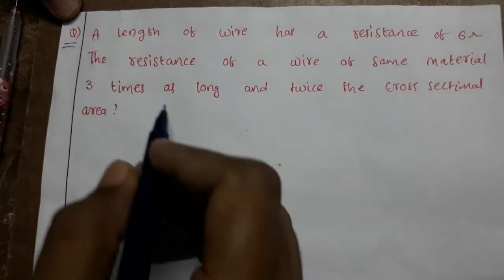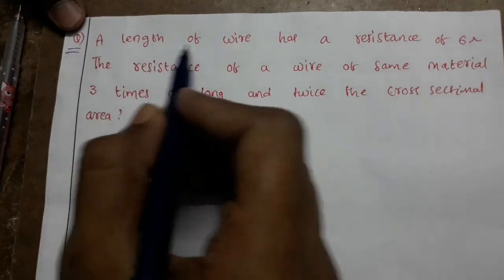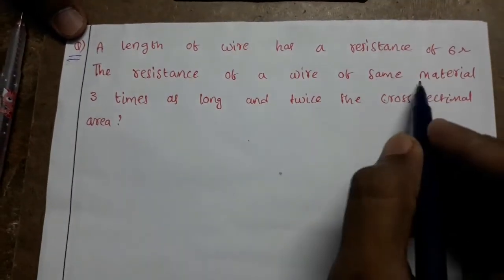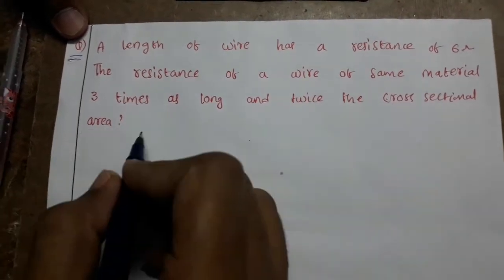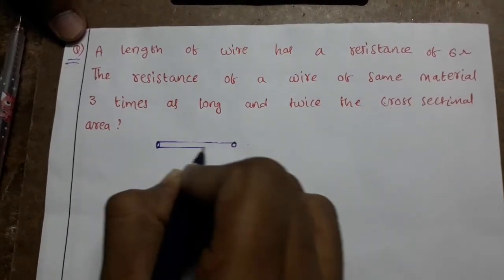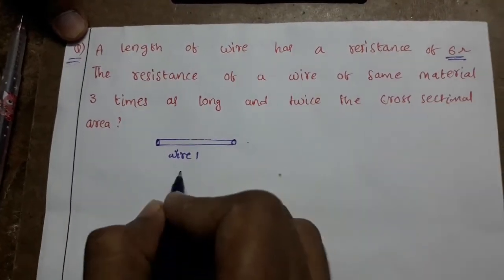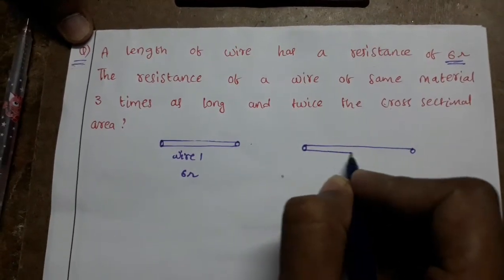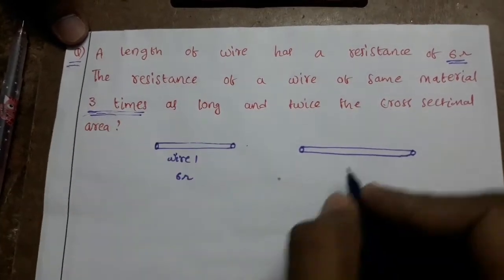Friends, I have given this question for you to solve. Please check it once. A length of wire has a resistance of 6 ohms. Find the resistance of a wire of the same material that is 3 times as long and has twice the cross-sectional area. So, wire 1 has a resistance of 6 ohms. Another wire has a length of 3 times the first wire.